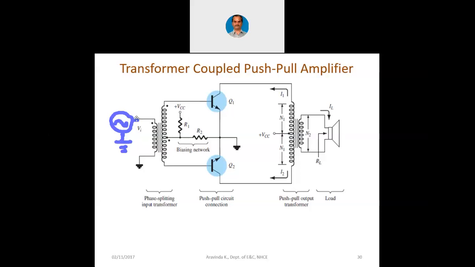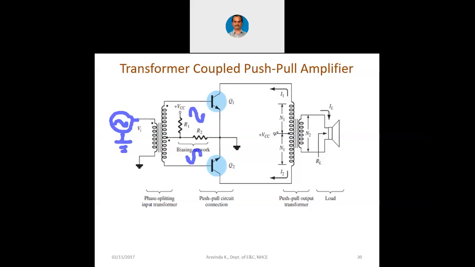Now when the oscillator's input is supplied to the transformer, positive cycle will appear here. At the same time the negative cycle will appear here. When the positive cycle is appearing at the upper winding, Q1 will turn on. At that time Q2 will be off, because when the positive cycle is appearing here, it is the negative cycle appearing here. So when Q1 is on, Q2 is off.